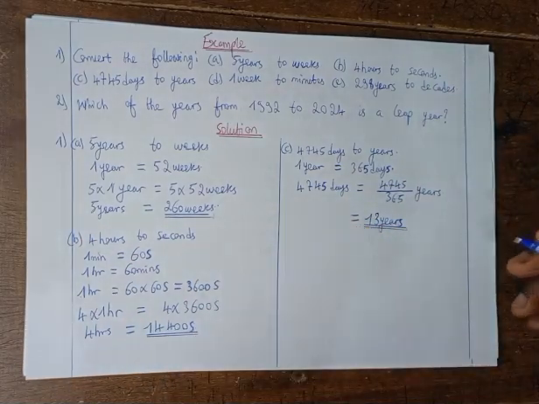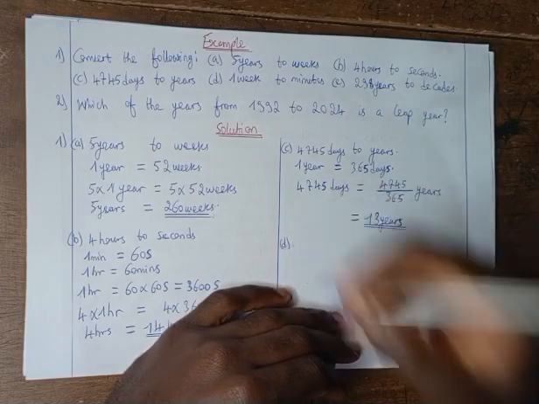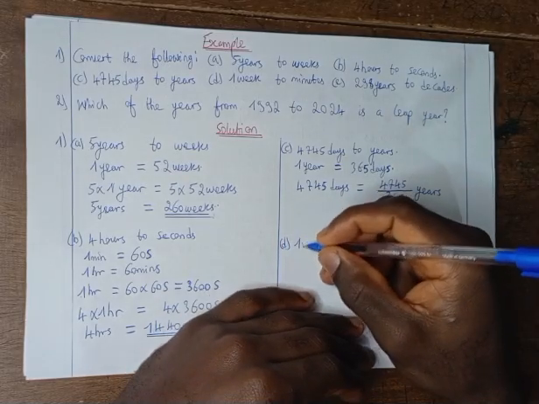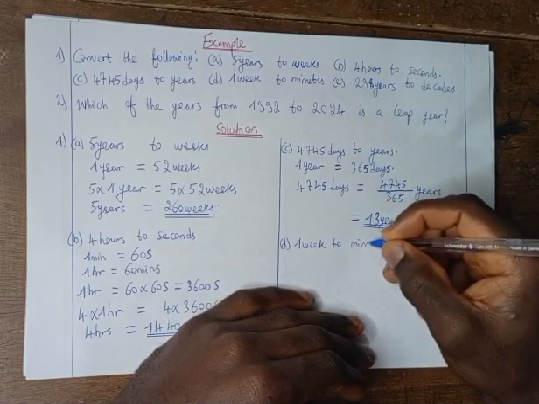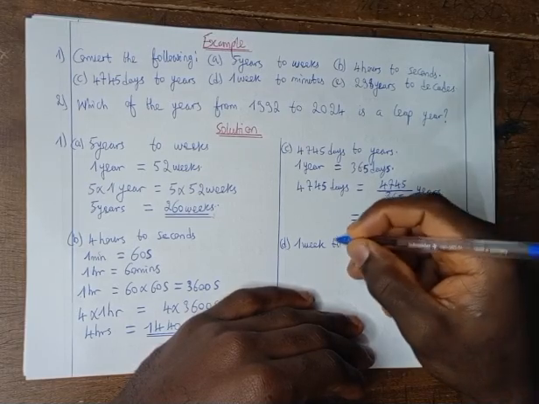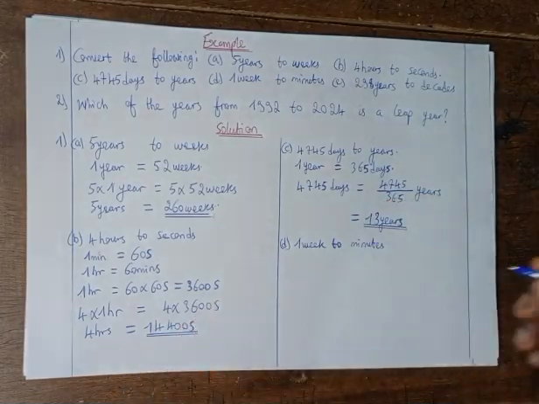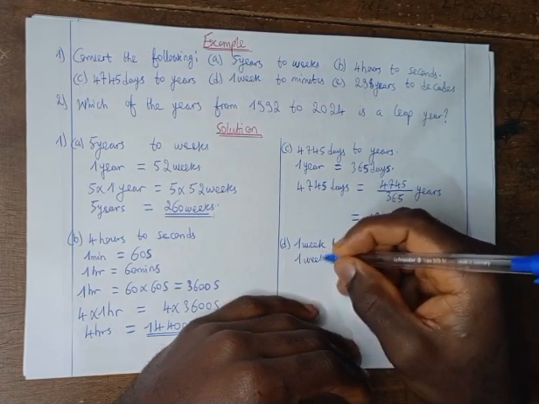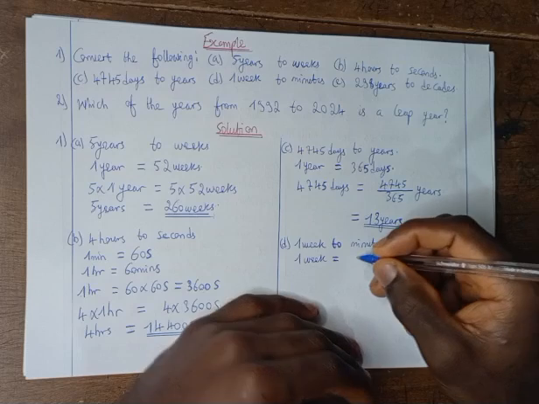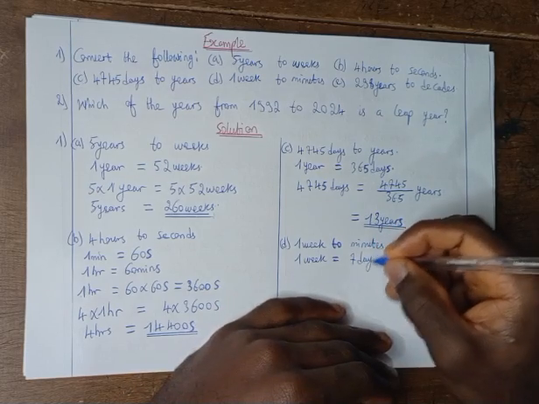We go now to the next, which is D. For D, we have to convert 1 week to minutes. First, we know that 1 week is equal to 7 days.